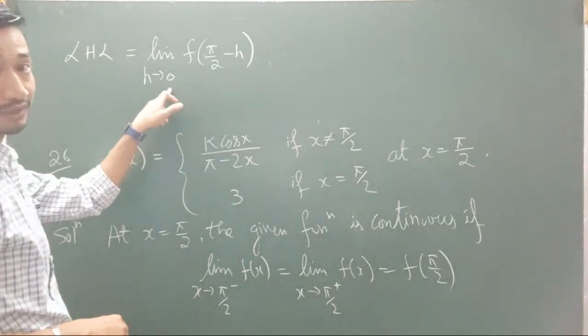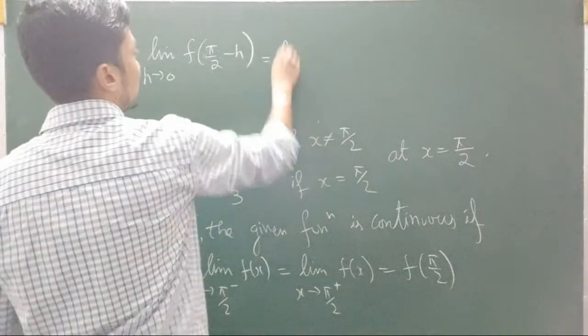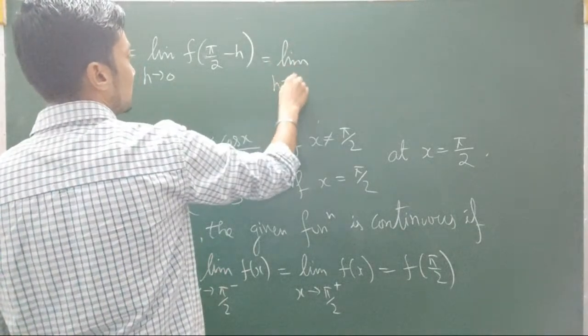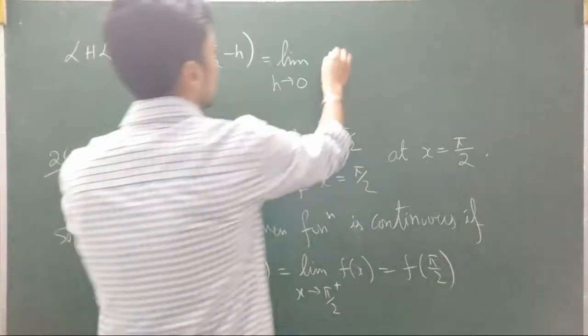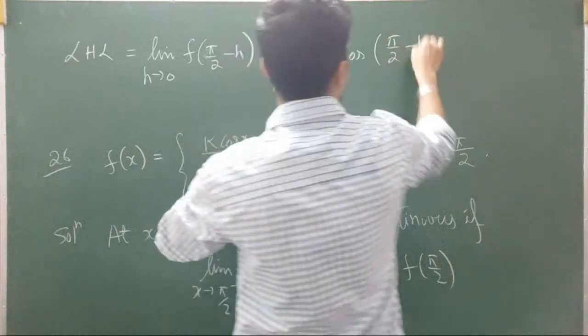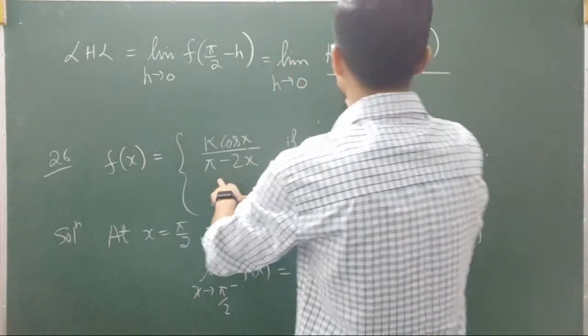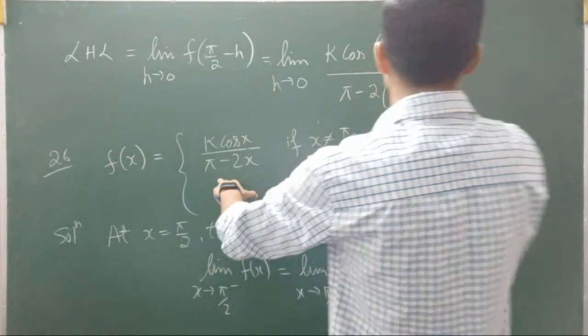Okay, you can begin like that also. So that will be the limiting value as h tends to 0, f of pi by 2 minus h. So whenever it's not equal to 0, our function will be k into cos of pi by 2 minus h divided by pi minus 2 into pi by 2 minus h.